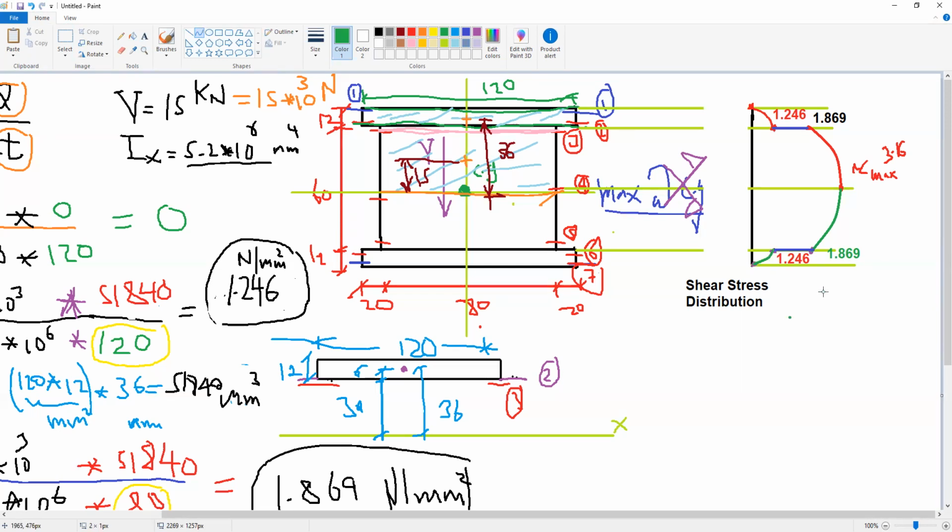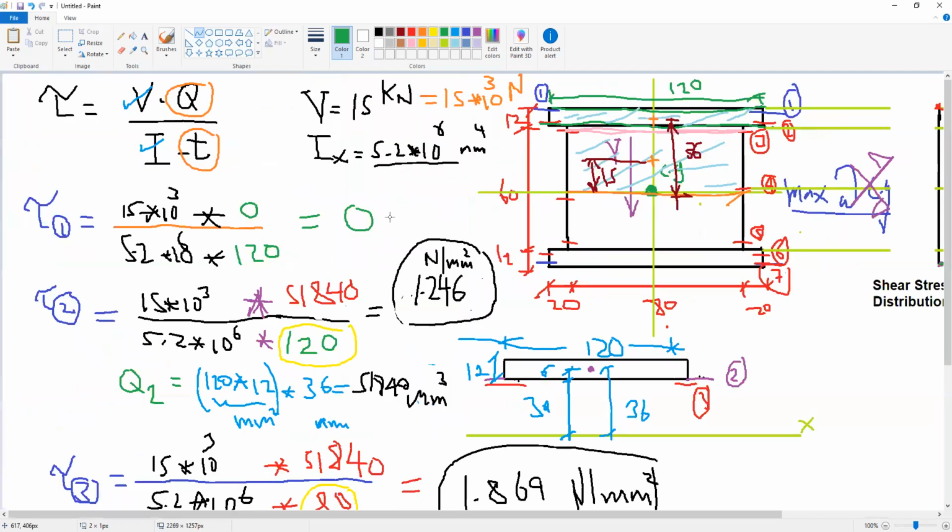So now we have finished the shear stress distribution. We have to calculate at sections 1, 2, 3, 4, and then mirror the calculation to the bottom half. Okay, so this is the final result. Do you have any question for this one?